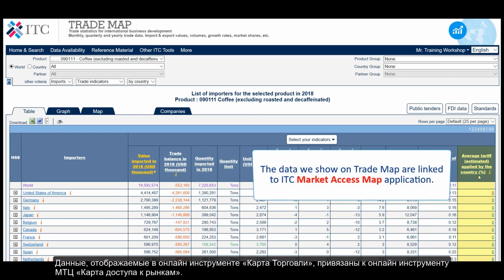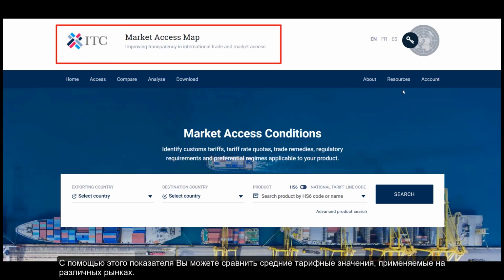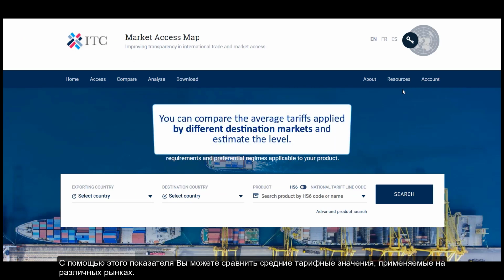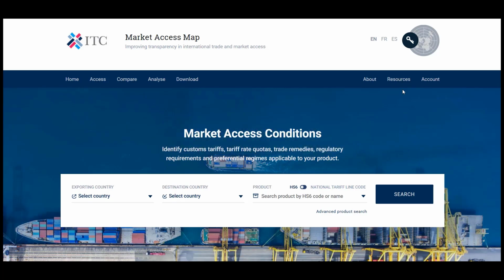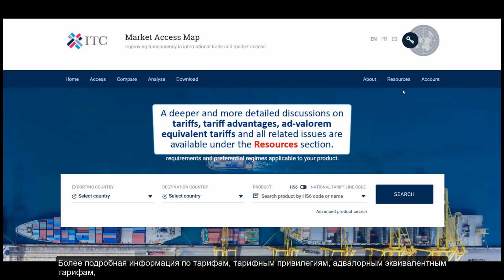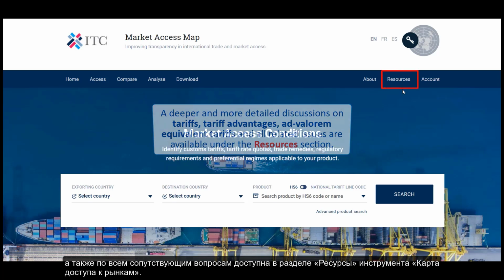The data we show on TradeMap are linked to ITC Market Access Map application. With this indicator, you can compare the average tariffs applied by different destination markets and estimate the level. A deeper and more detailed discussion on tariffs, tariff advantages, ad valorem equivalent tariffs, and all related issues are available under the Resources section of the Market Access Map.